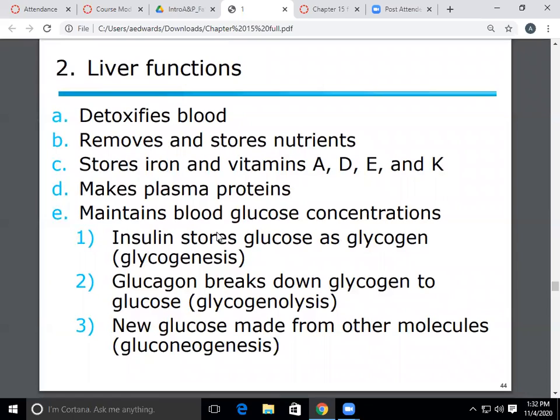The proteins in your plasma maintains the concentration of your blood glucose. So the insulin is going to store glucose as glycogen. Call that glycogenesis because they're making glycogen. Glucagon is going to break down glycogen to glucose. That's glycogenolysis. Okay, you get new glucose made from other molecules, and they call that gluconeogenesis. Okay, so the liver is involved in that process of maintaining your blood glucose levels.